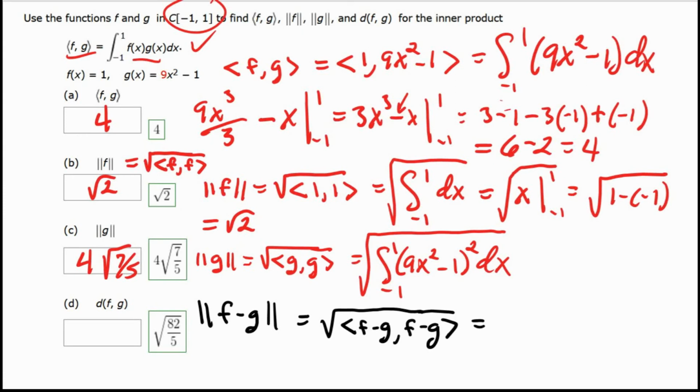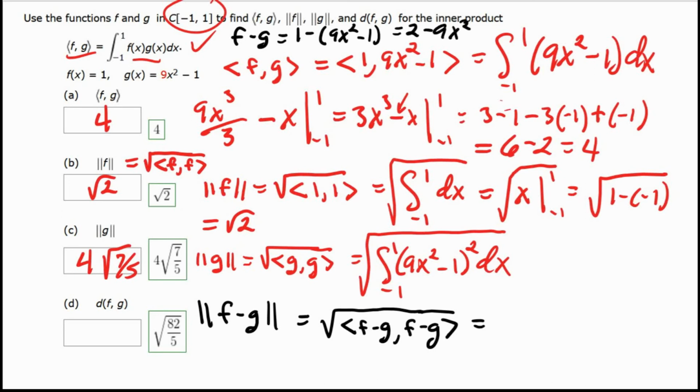So let's see. Here the f minus g, we can probably just work that out here. f minus g is 1 minus parentheses 9x squared minus 1. So that becomes 1 plus 1, so that's 2 minus 9x squared.